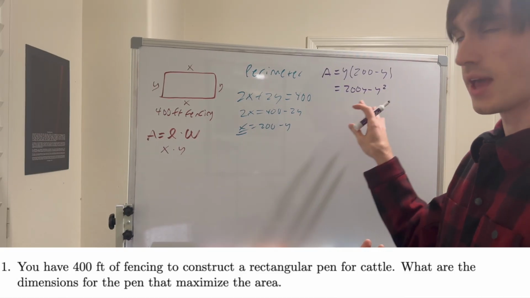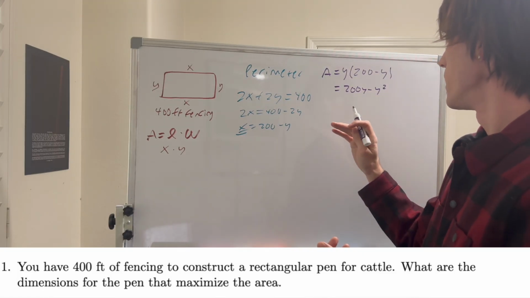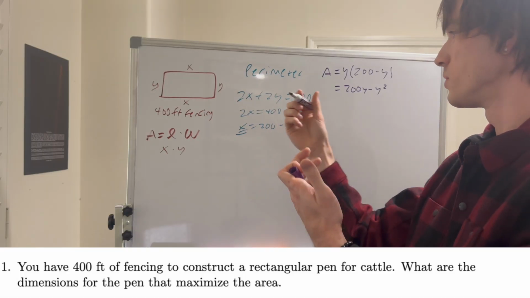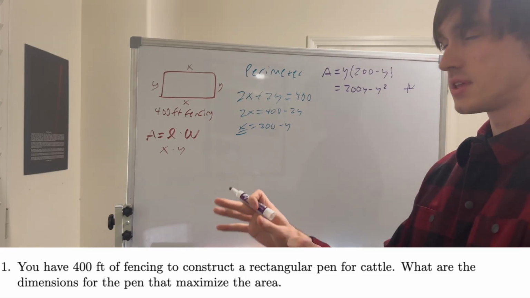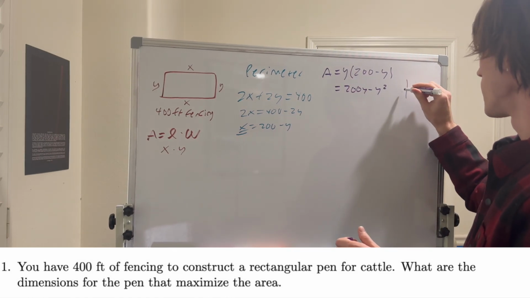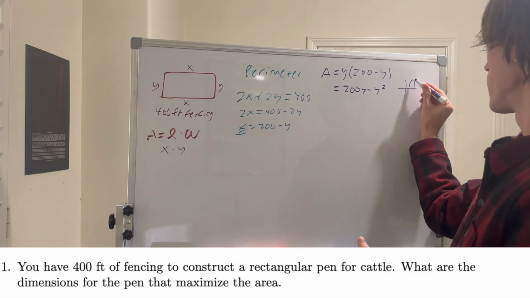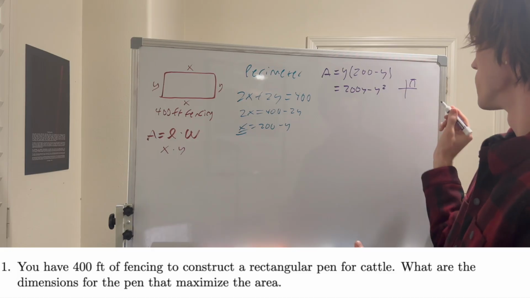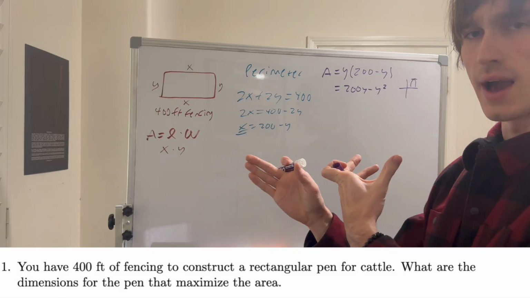That means that this is a parabola, but it's not just any parabola. When we think of a parabola, we probably think of one opening upward, but with the negative sign, this is an upside down parabola. And what is the top point called? That's called a maximum.